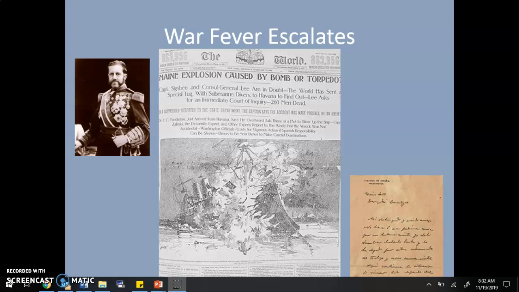Nonetheless, remember the Maine becomes a battle cry for wanting to declare war against Spain to punish them. And if I didn't highlight this earlier, when I said the yellow journalists, that action of producing falsified, exaggerated accounts, that's called yellow journalism. So these two newspapers that are competing would be considered yellow journalists.